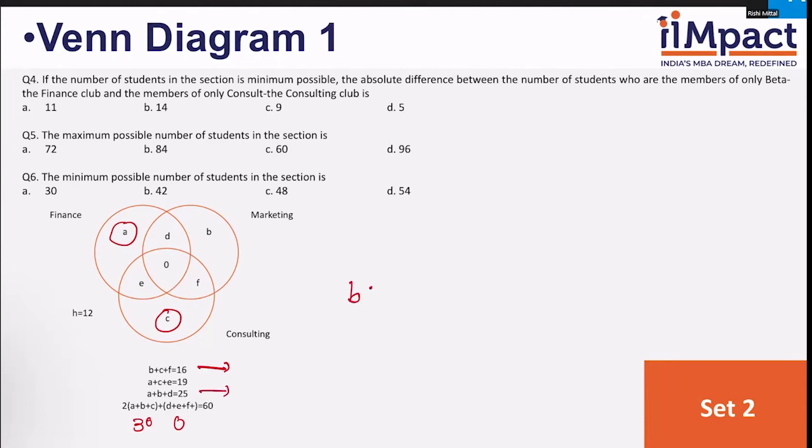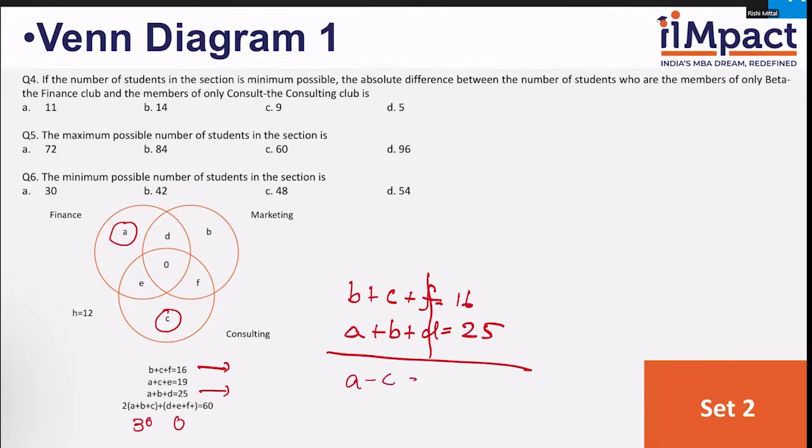So I have B plus C plus F is 16, and A plus B plus D is 25. Since D plus E plus F is 0, all of them have to be 0 because all the numbers are only positive or zeros, right? So these two become 0. Now when I subtract this equation, I get A minus C equal to 9. And that's my answer. As simple as that. Just the same equations. We have to use them smartly here and there, and that's it.